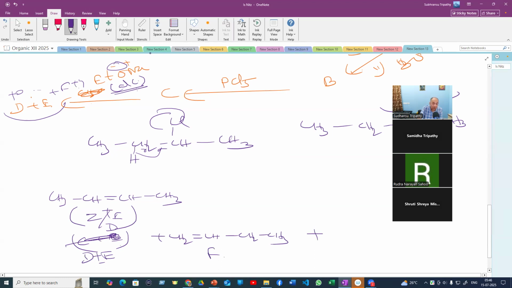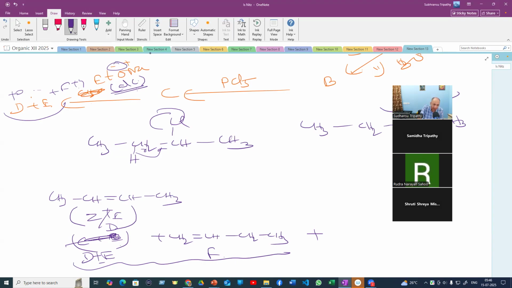And then coming to the SN2 substitution, that is Williamson synthesis, because this is a sodium salt and this is a 2-degree halide. This will be the minor product. Cis and trans together, and out of cis and trans, trans will be major. But-2-ene is the major product. It is the more substituted alkene.